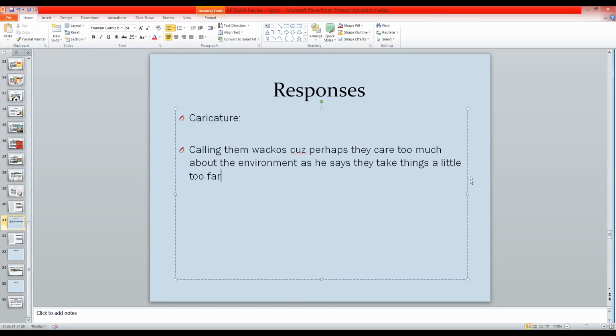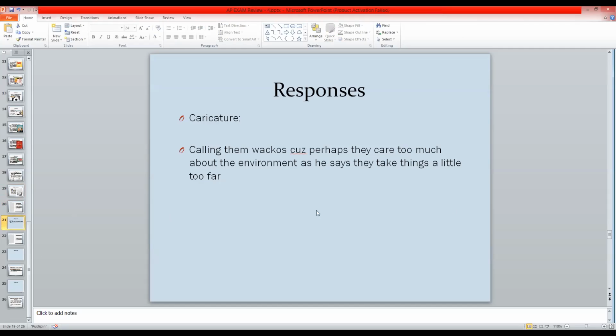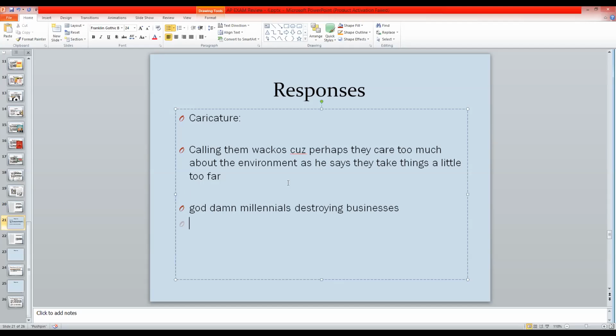Yeah, that seems to be one of the characterizations from the speaker, where they're basically criticizing them almost like, you know, these damn millennials are destroying businesses, and big business is sort of the thing to go.